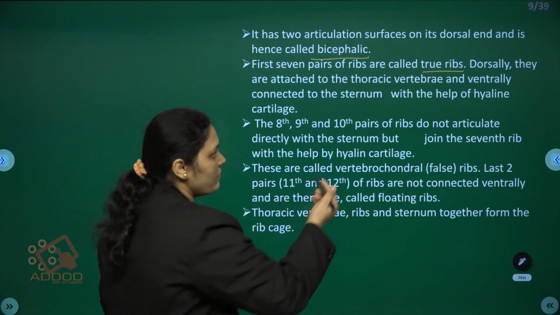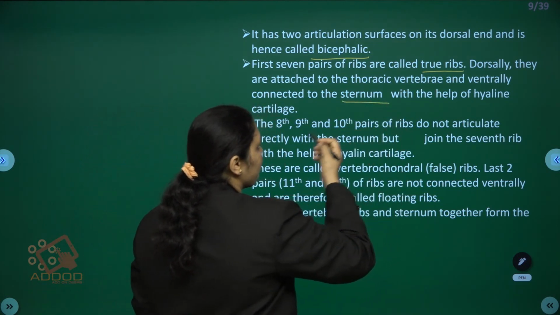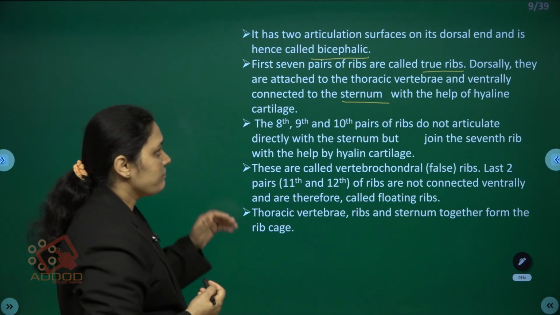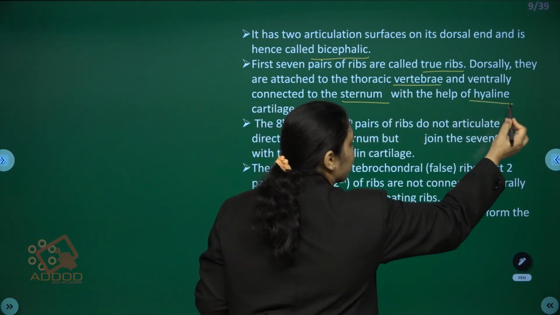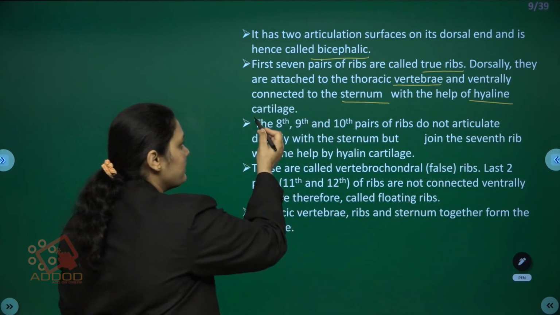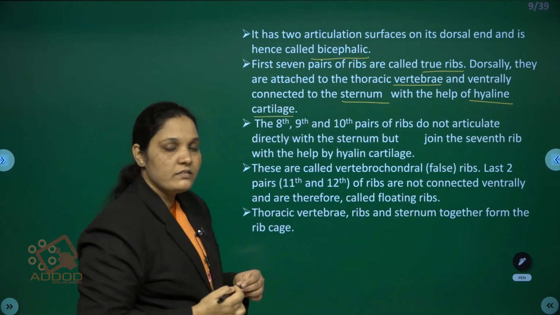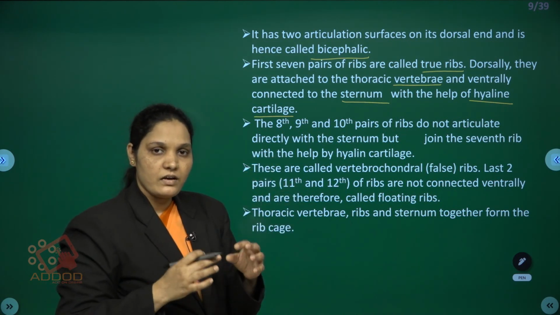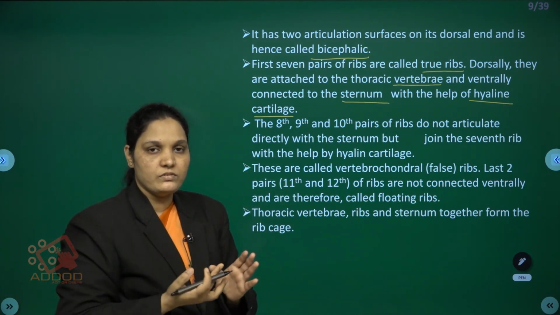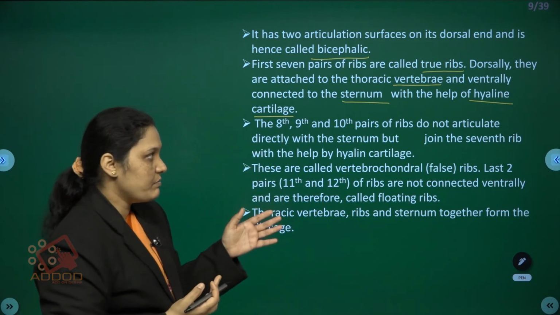We have seen both the sternum and vertebrae. They are attached with the help of hyaline cartilage. Here cartilage comes in. So hyaline cartilage helps to connect the bones of the first 7 pairs of ribs.